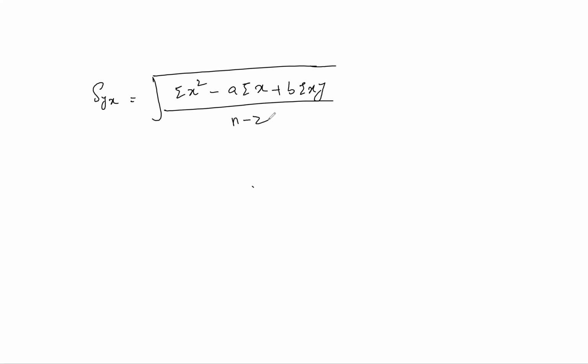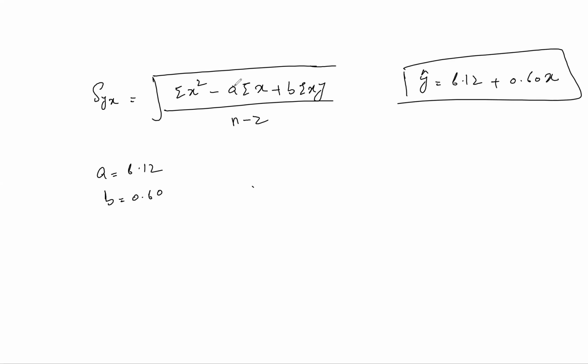Now, what is a and b? If you can recall, a was 6.12 and b was 0.60. These are regression coefficients. In the previous example where I was using the regression equation, I calculated this a and b.